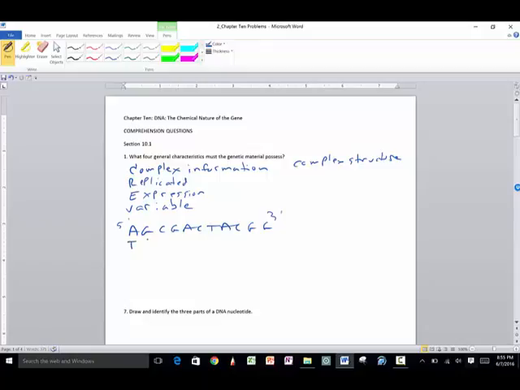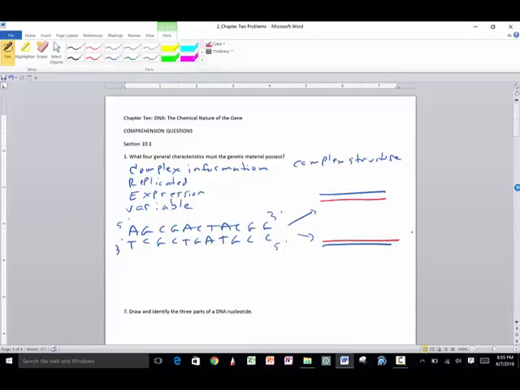Then the other thing, this double-stranded nature of DNA, and more importantly, this rule that G's always have to pair with C's and A's always have to pair with T's. That means that you can separate the two strands, and then you immediately know what to put on the opposite strand.